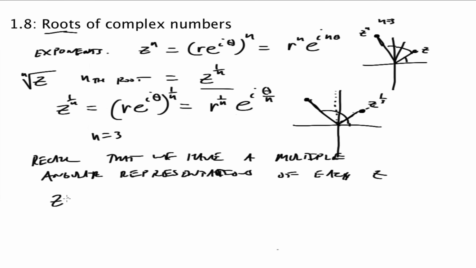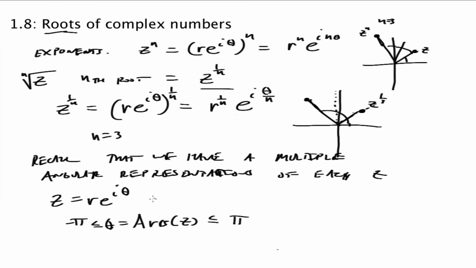For instance, z is equal to r e to the i theta, where theta is what we call the principal argument of z. And that means it's within the zone negative pi to pi.